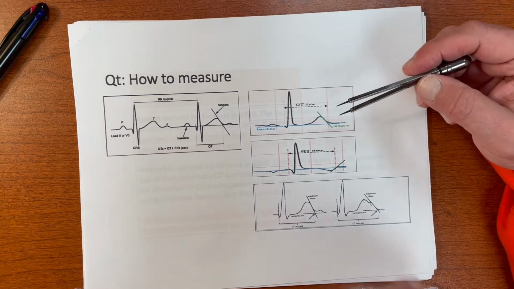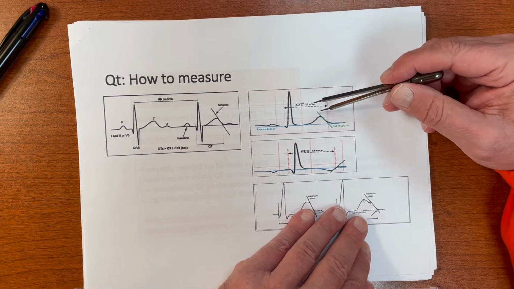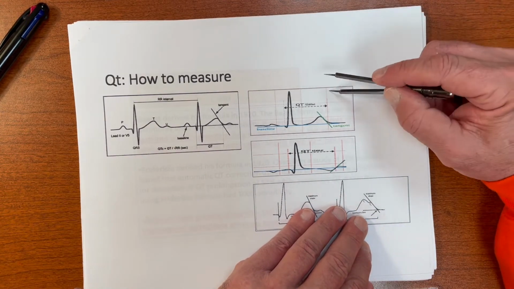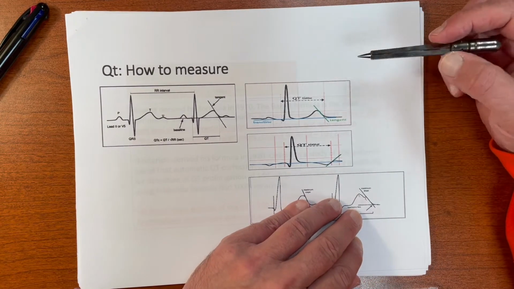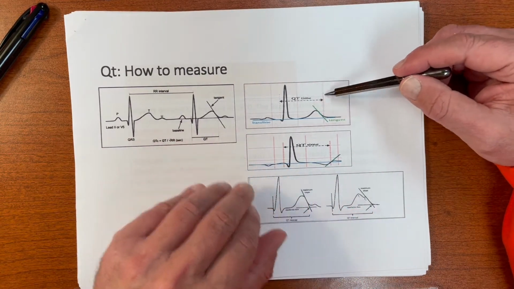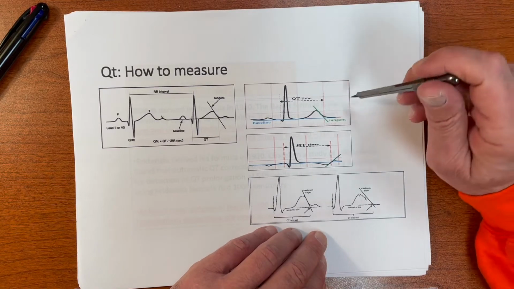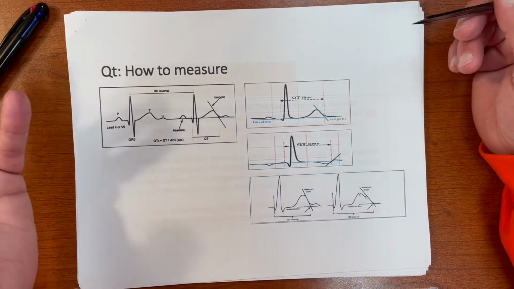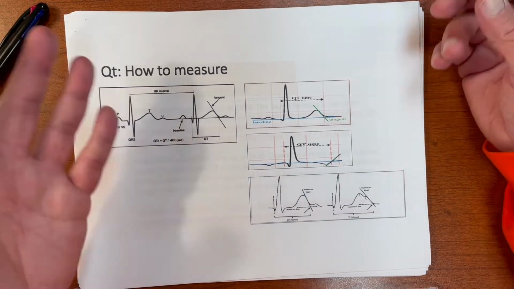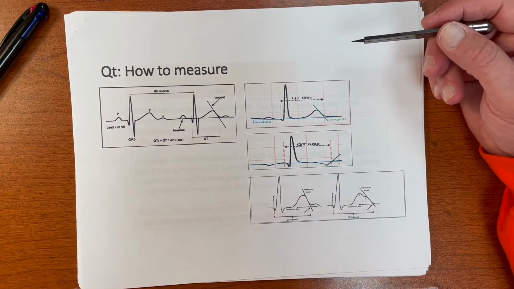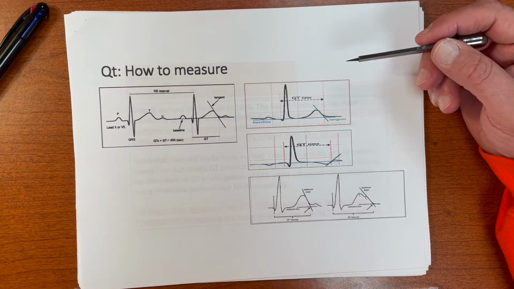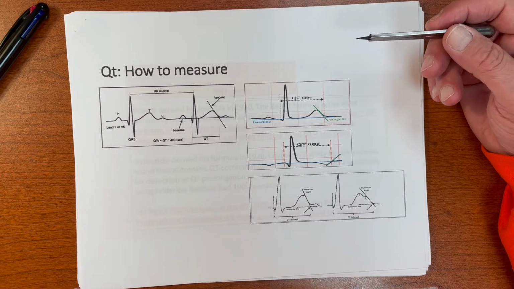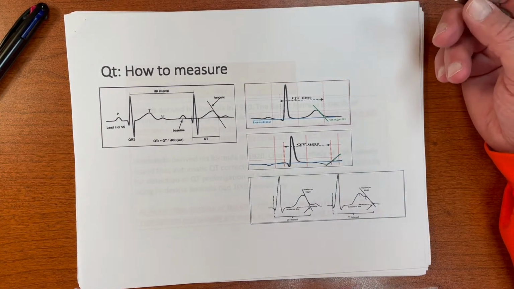So notice, too, if I use my eye, this is going to illustrate another point, how I don't trust my eye. Let's look at this complex right here. If you were going to ask me to eyeball this, not use calipers, not use this method, I guarantee 75% of the people looking at this will say the same thing.